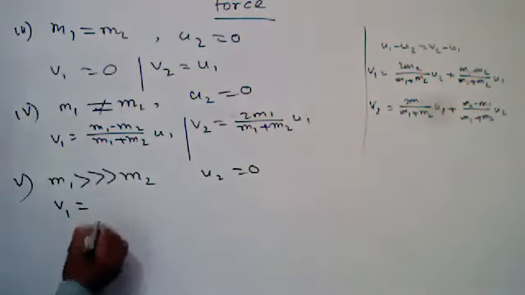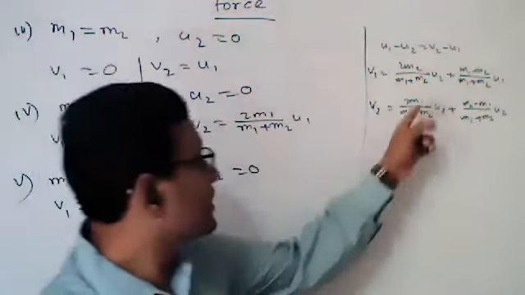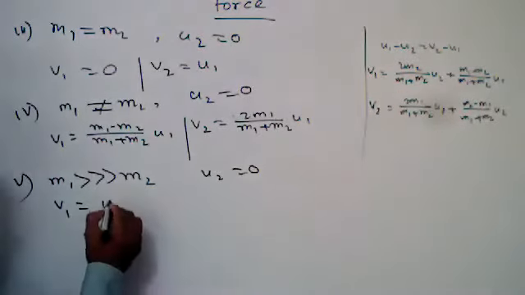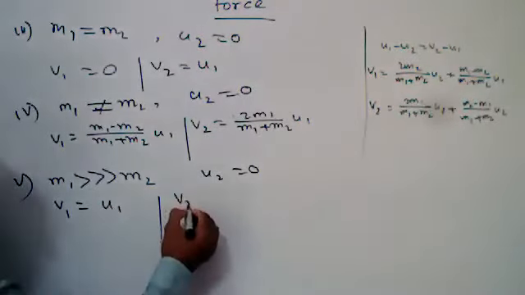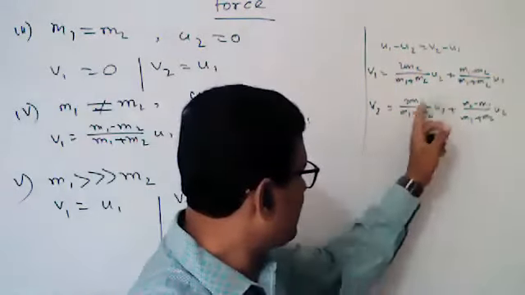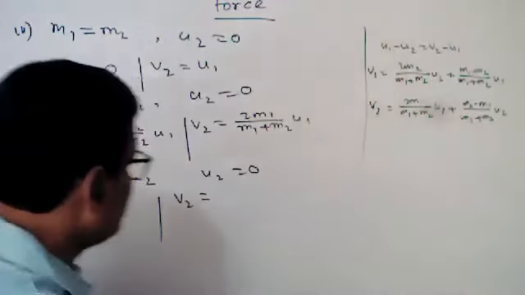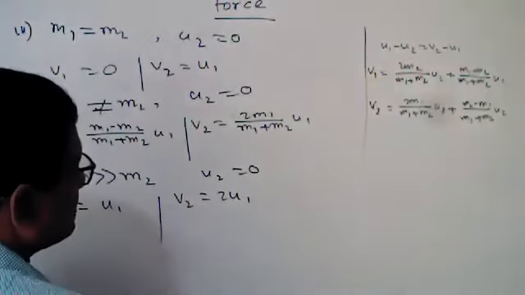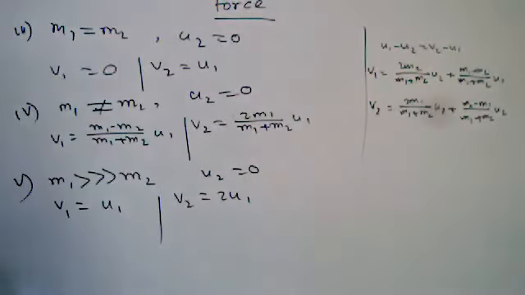So the object B1 will be... M1 is greater than M2, so B1 equals U1 and B2 equals 2U1. Okay, U2 equals 0. So B1 equals U1 and B2 equals 2U1.